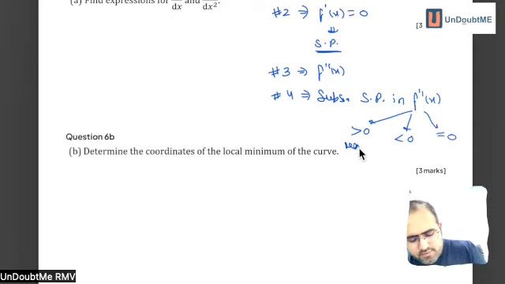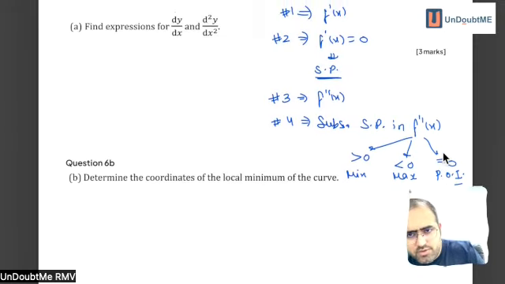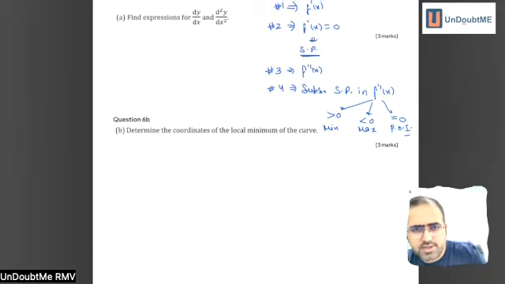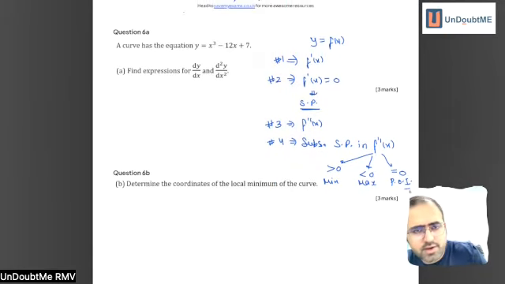If it is positive, that will be the point of minimum. If it is negative, then it will be a point of maximum. For 0, it will be a point of inflection. This has been discussed earlier, but it was just a revision. If anyone wants, you can write it down. These are the standard steps for all such types of questions.